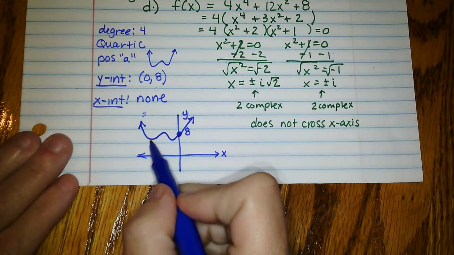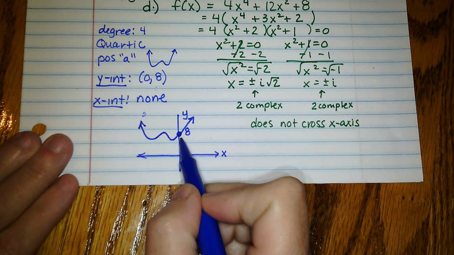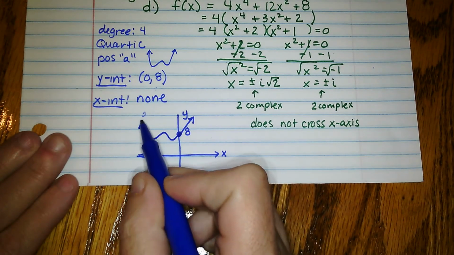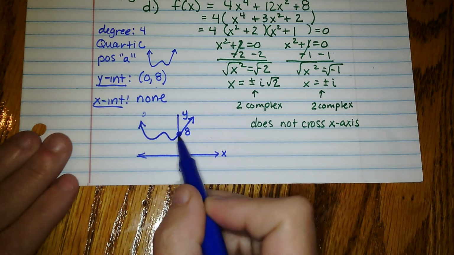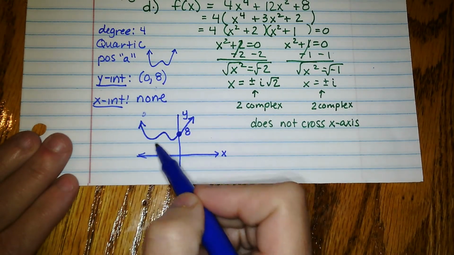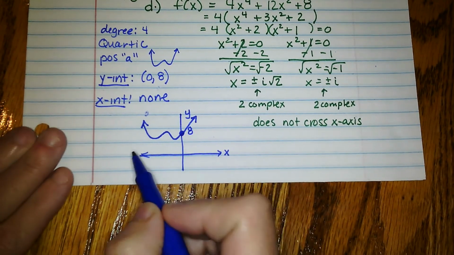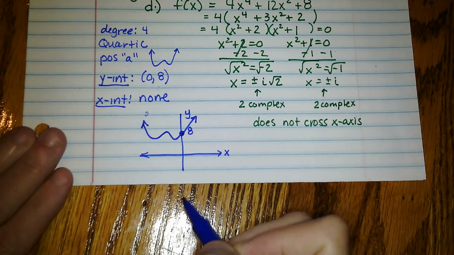I have no idea where these relative maxes and mins are. I have no idea where these lumps go in the scheme of things. All I know is it's got to point up because of its end behavior. It resembles a W. It crosses the y-axis at 8, and it floats over the x-axis.